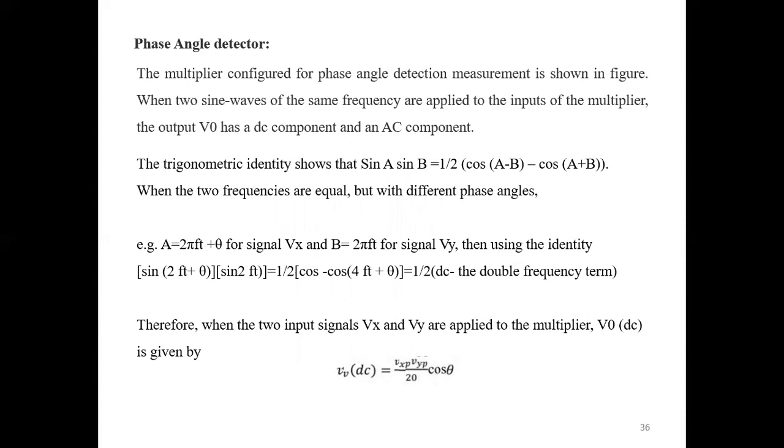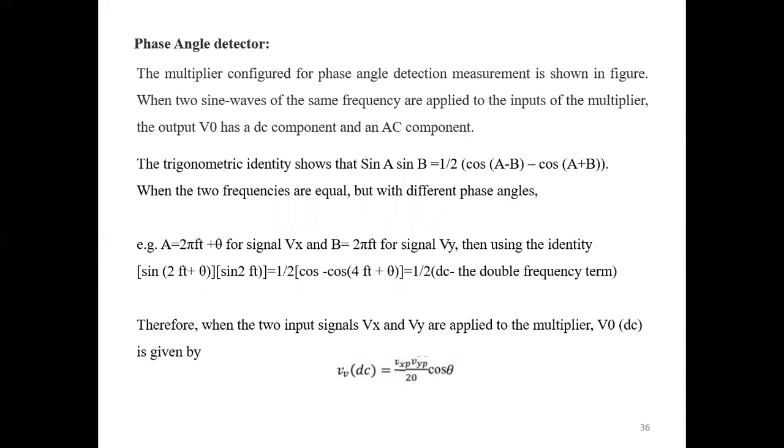When two sine waves of the same frequency are applied to the inputs of the multiplier, the output V out has a DC component and an AC component.